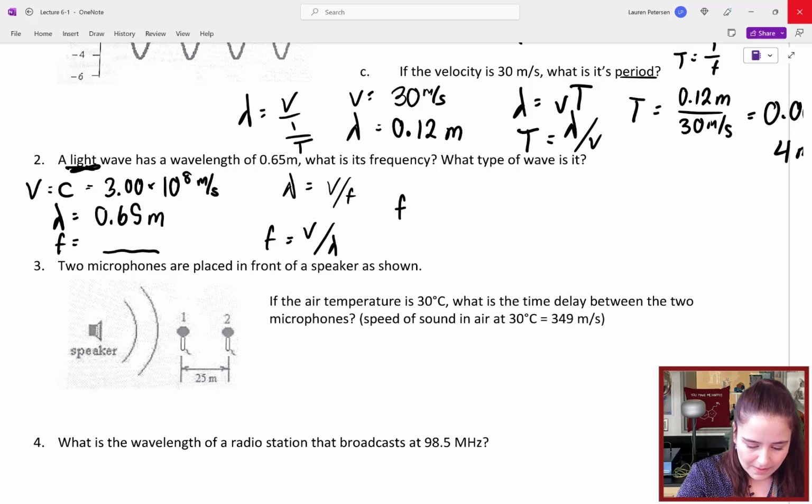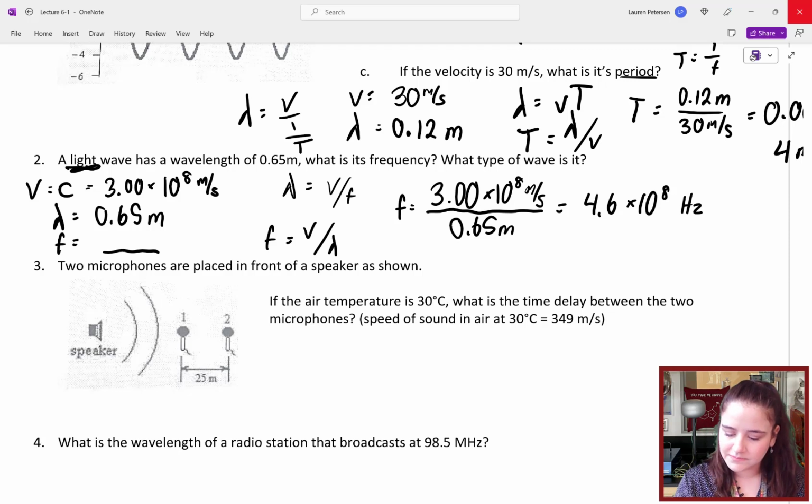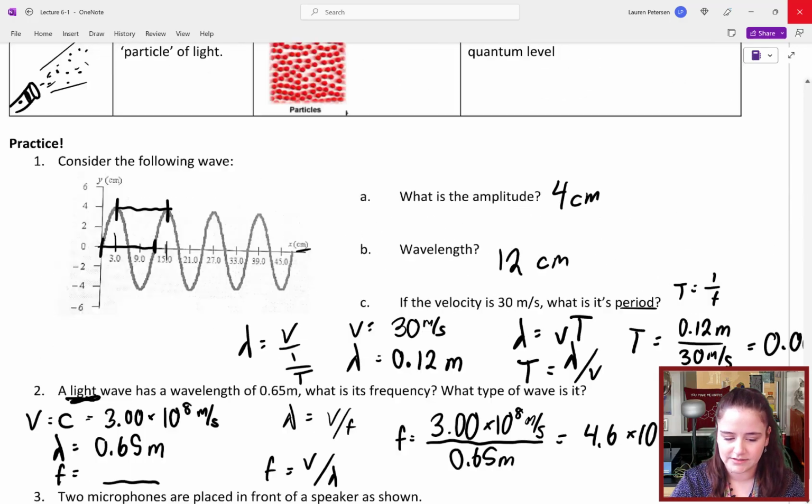Plugging in our numbers, we have the speed of light, 3 times 10 to the 8th meters per second, divided by its wavelength, 0.65 meters, which when you plug into your calculator, you get 4.6 times 10 to the 8 hertz.